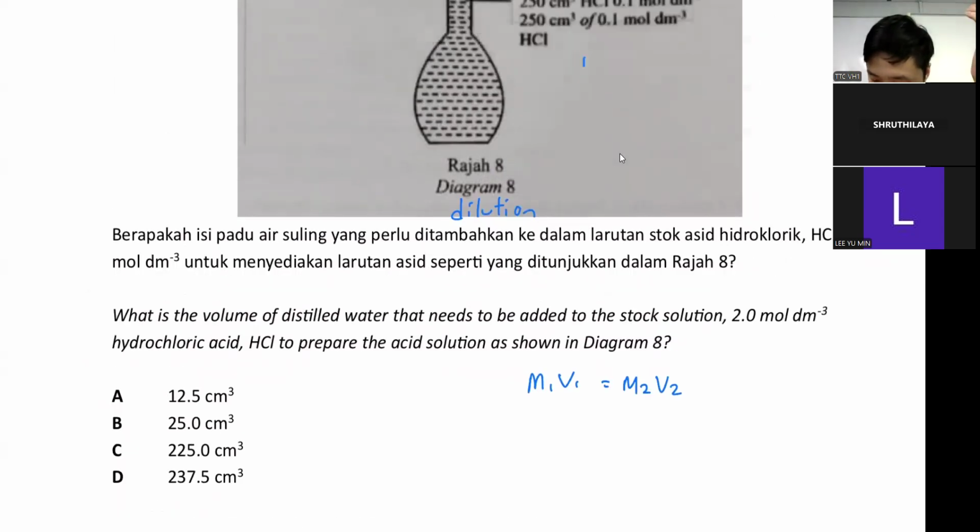Supposedly, the number of moles equals the number of moles. One of the formulas for number of moles is MV over 1000.